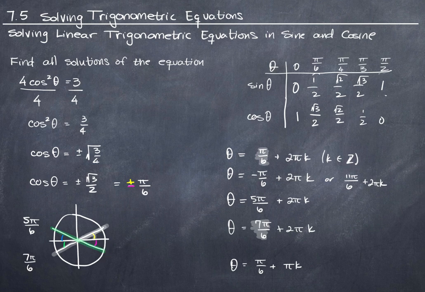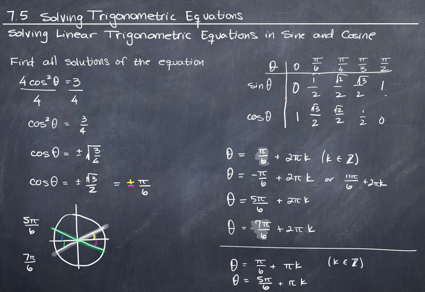So another way to write that is theta equals, let's go to the first positive one, and that is 5 pi over 6 plus pi k. And of course, if I'm writing my answers this way, instead of the other way up here, then I have to include that k is an integer.